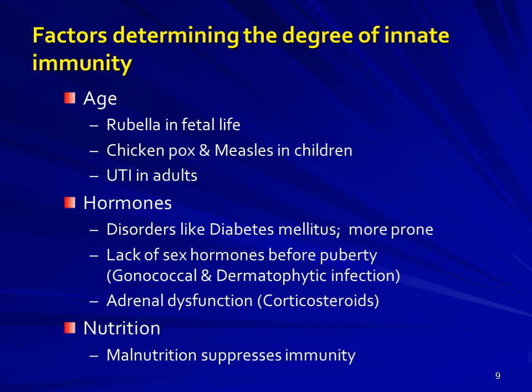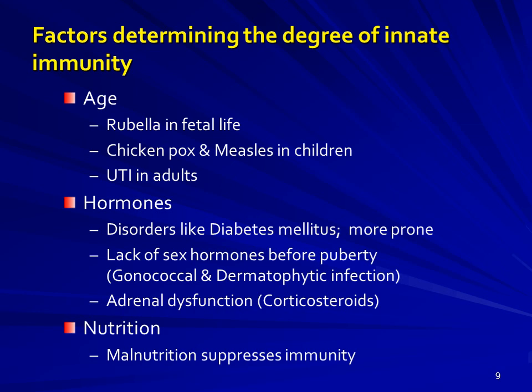Lack of sex hormones before puberty makes individuals prone to gonococcal and dermatophytic infections, especially Microsporum audouinii. Microsporum audouinii is a dermatophyte which causes scalp infections among children, and spontaneous recovery is possible following the onset of puberty.